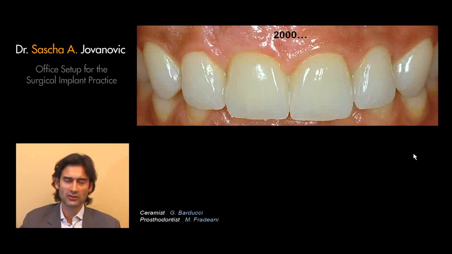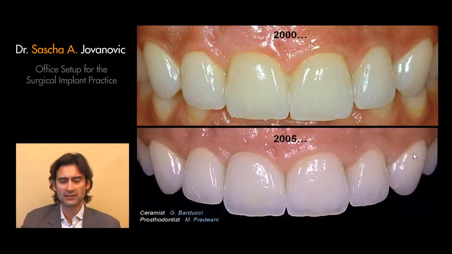Of course, the question is, how long is this quality which we have delivered going to survive? Here you can see how in this particular case the result is attainable for 5+ years, and obviously this patient is still enjoying this type of restoration and this type of result.